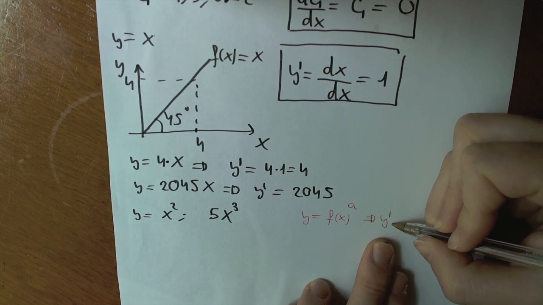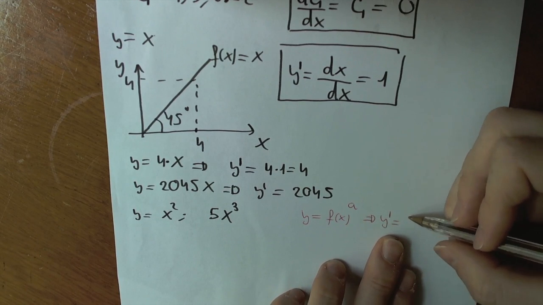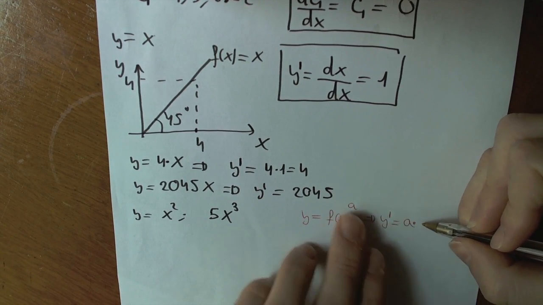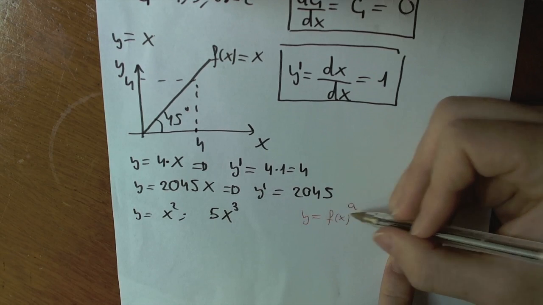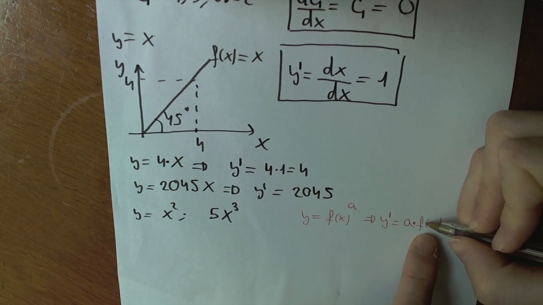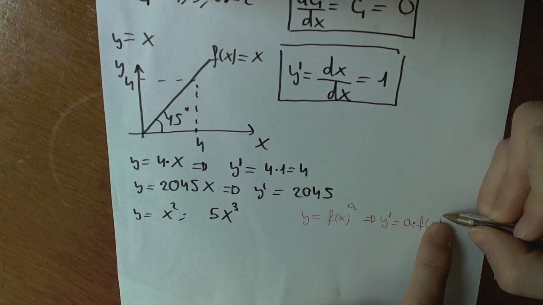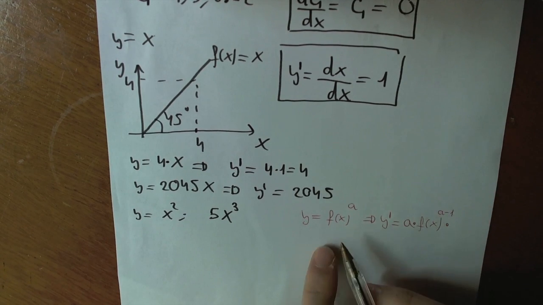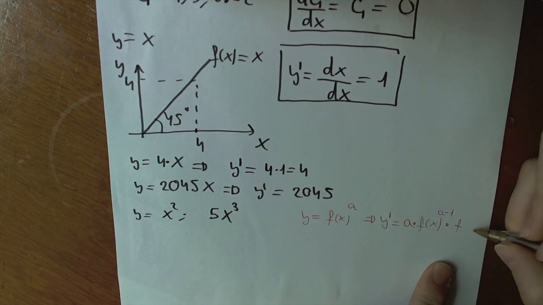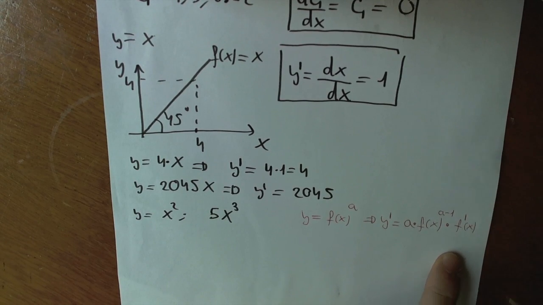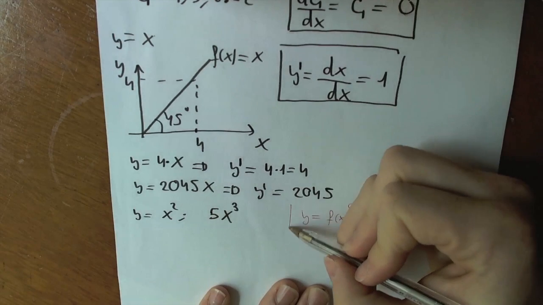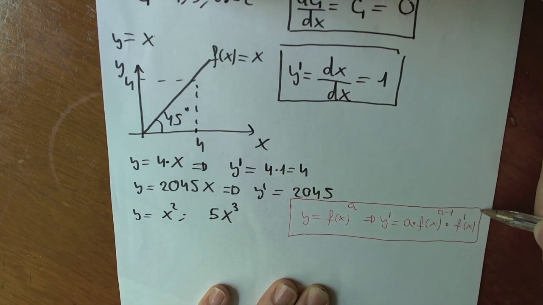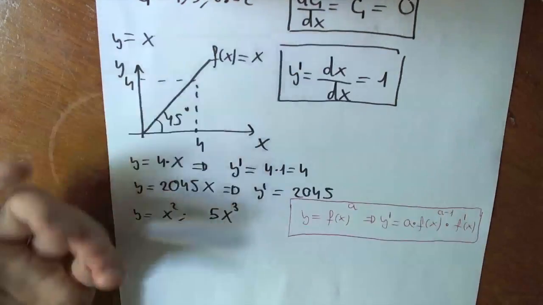The derivative would be y prime equals a, the a goes down, it's a way of speaking, multiplying; f(x) remains like it is, then the power is a minus 1, and then we have to multiply by the derivative of f(x), so I would write here f prime of x. This is hugely important. It's massive. We need to learn this like the lines of our hands.